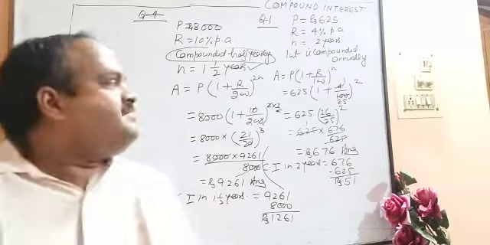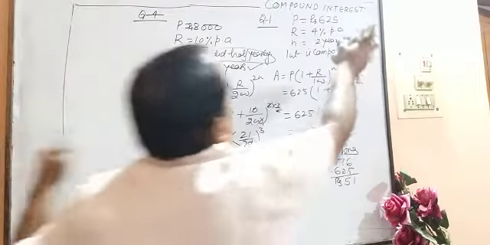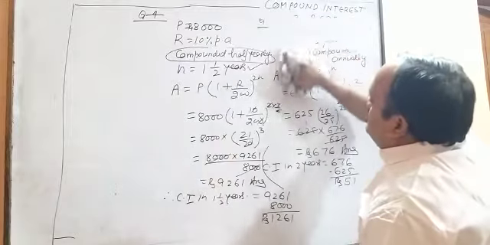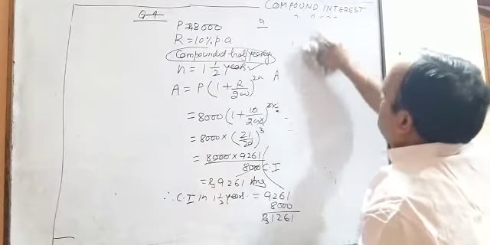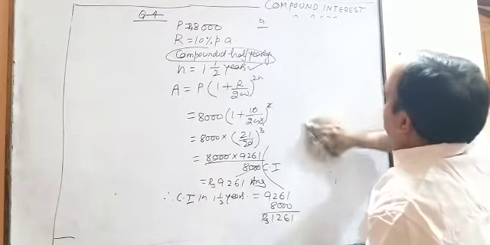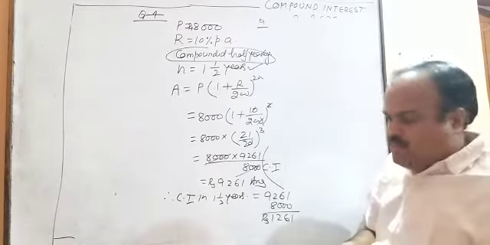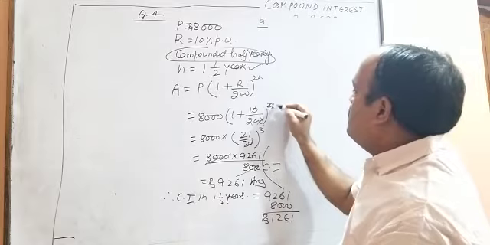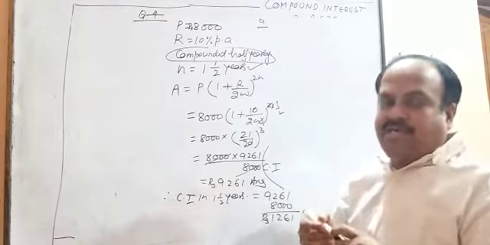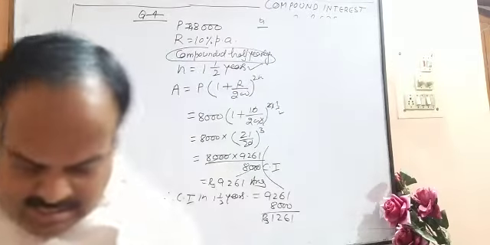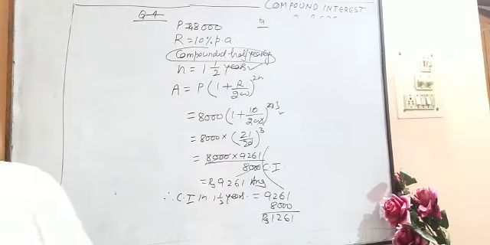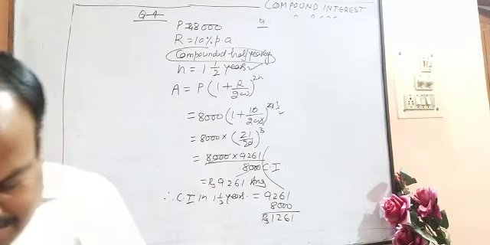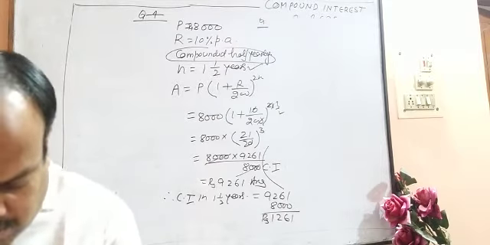Question number 7. Let us do. In question 7, we have 2 persons, Sudhir and Prashant.